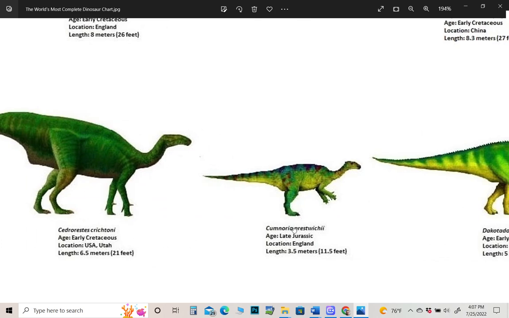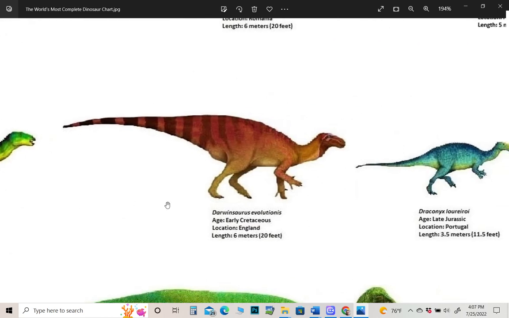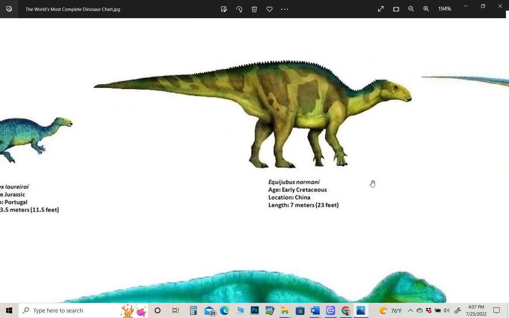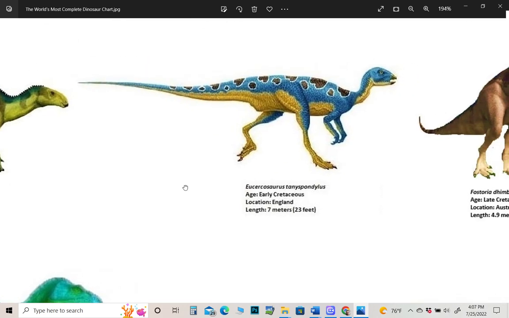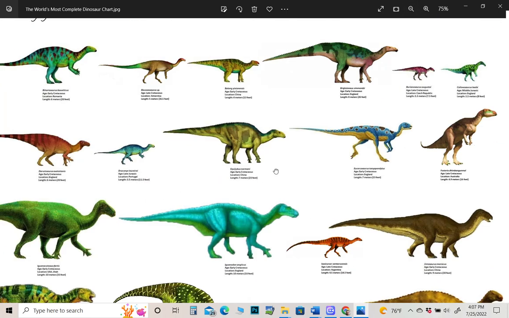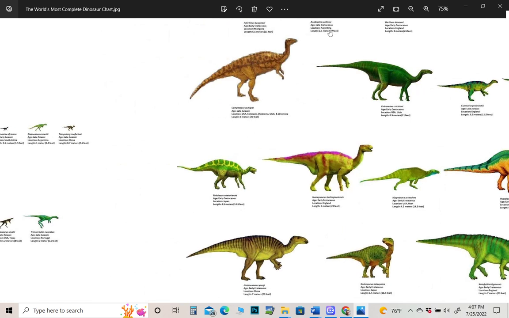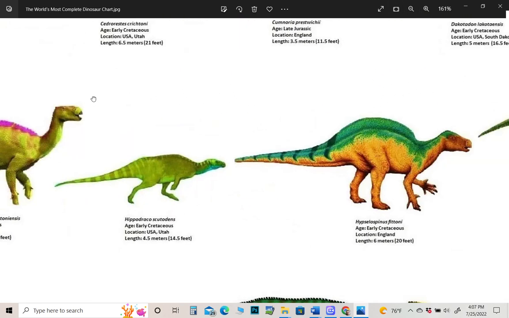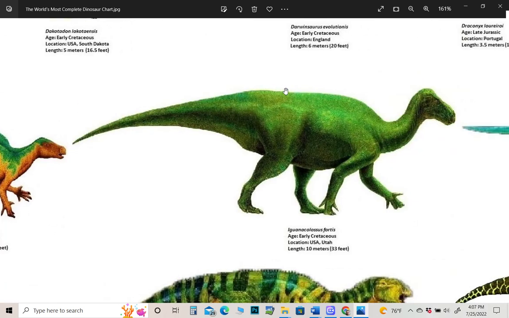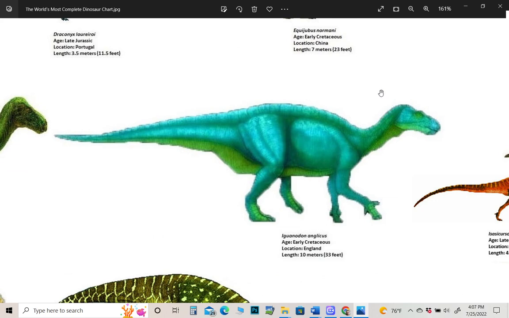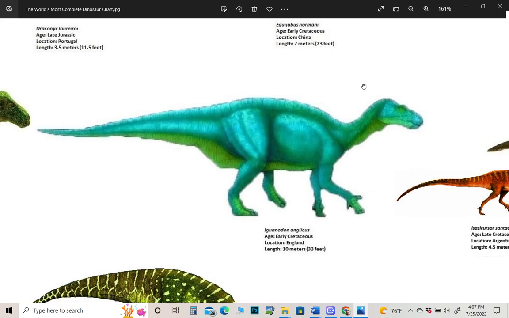So Cedrorestes, Comnoria, Docododon, Darwinsaurus, Draconix, Equijubus, Eucersosaurus, Fostoria, Fukuisaurus, Huxleysaurus, Hippodraco, Hypsilospinus, Iguanocolossus, and Iguanodon, which of course was the first dinosaur ever discovered and officially named.